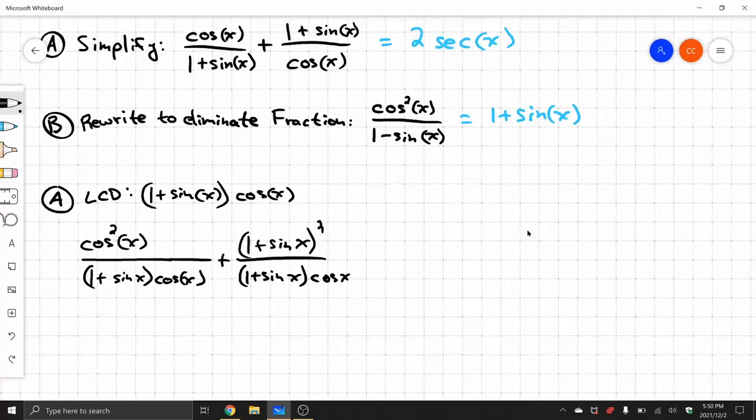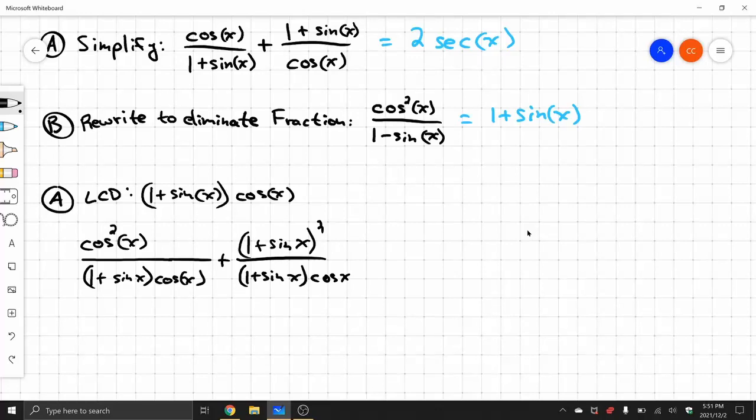So all I did was I said, okay, my least common denominator is this. What is this first term missing from that? Well, all it's missing is a cosine of x, so I just multiplied the numerator and denominator by what it was missing. It was missing that cosine of x.